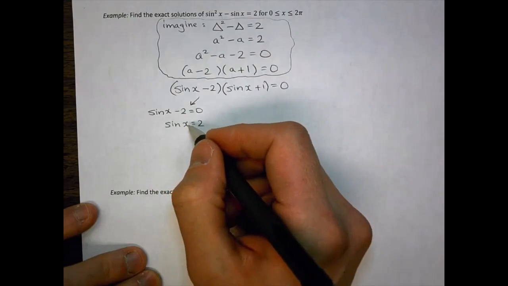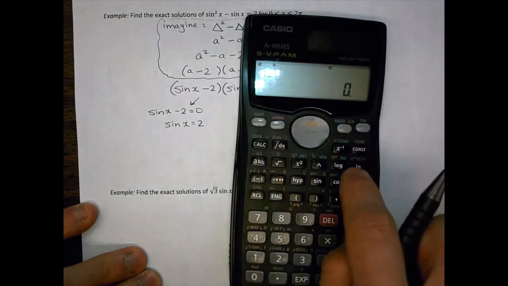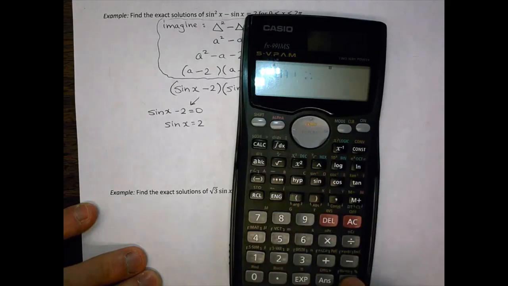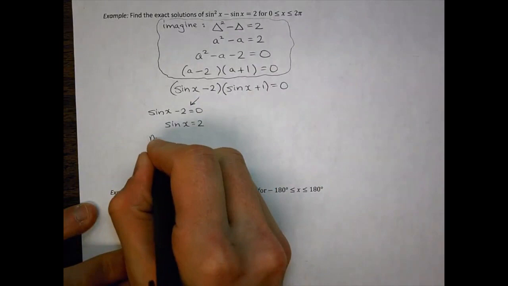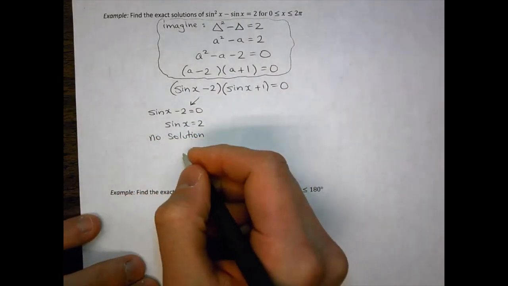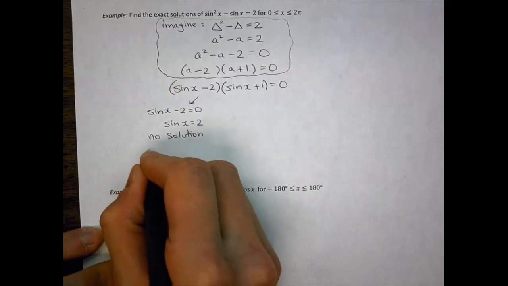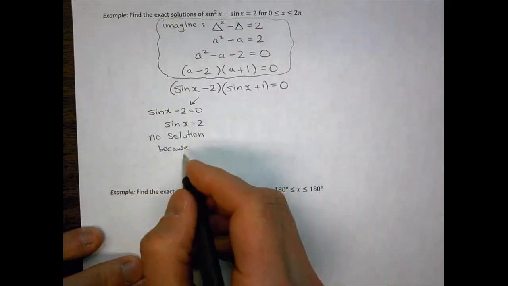Is there a solution to that? I mean, let me try using my calculator. Shift sine 2. Math error. Why is there a math error there? Well, there's a math error and there's no solution because sine can never be more than 1, right?